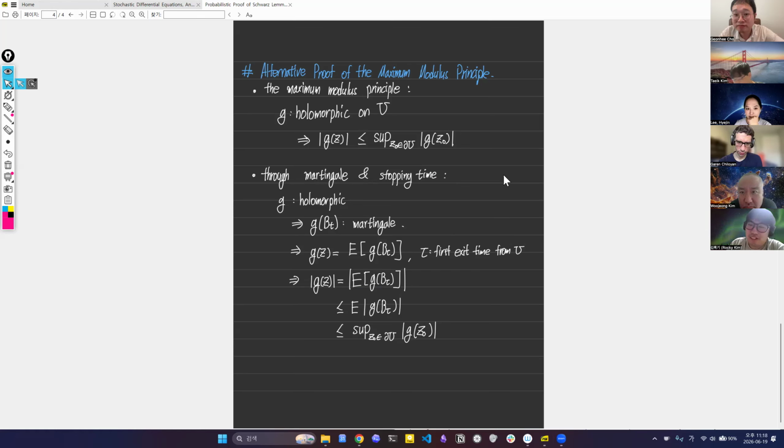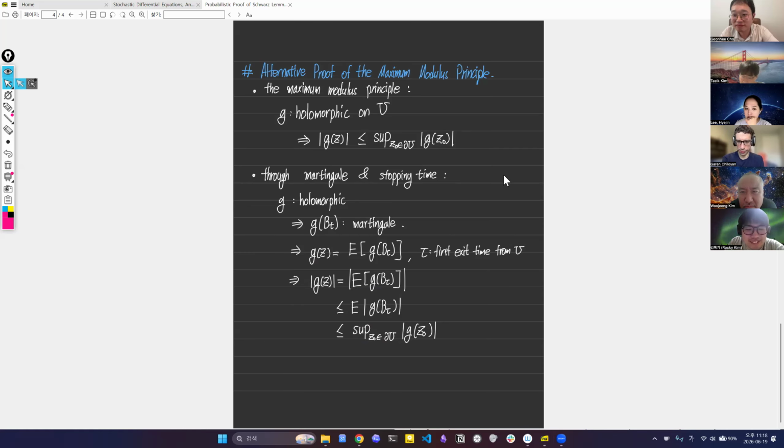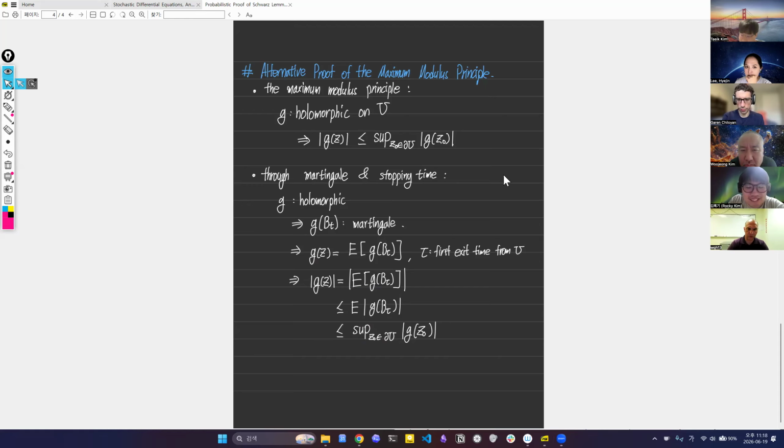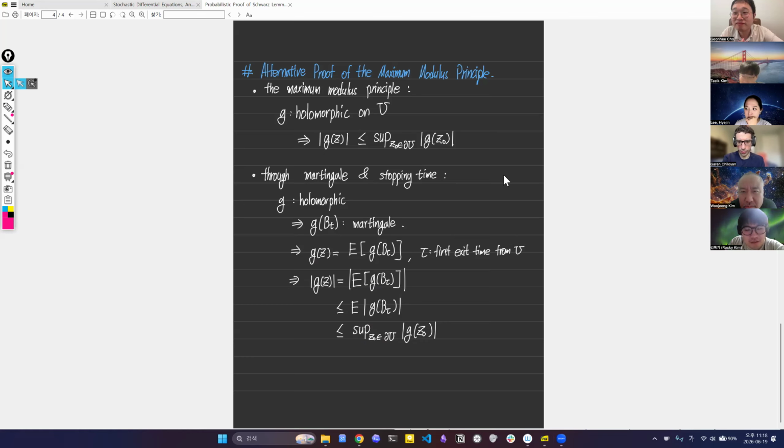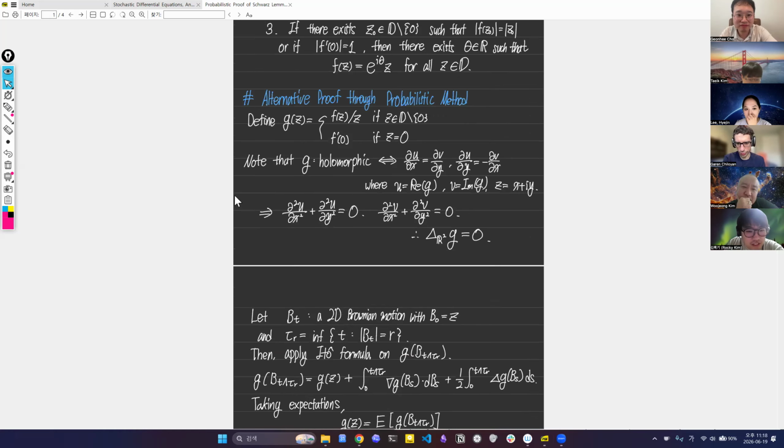Anyway, I have a question: is this holomorphic condition important? Yes, sure. Which part do you use it? Here.